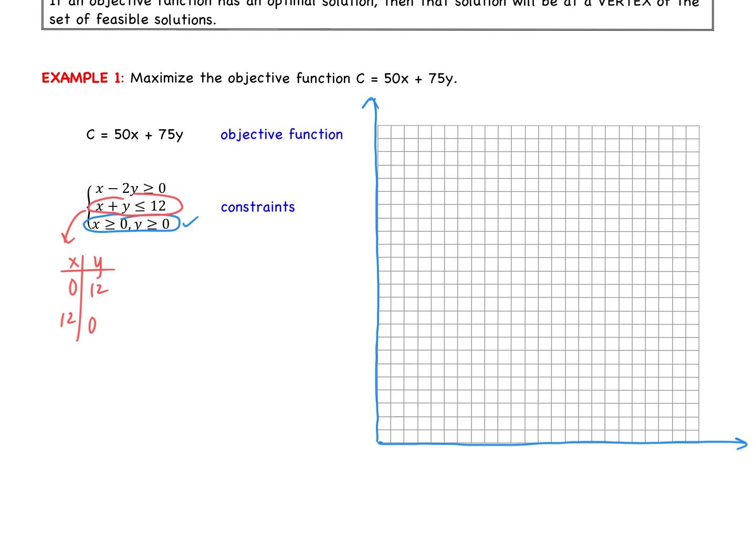Sometimes those intercepts are going to fit on the graph, sometimes they won't. So just know, sometimes you might have to count by 2s or 3s or 4s or something. There are 20 boxes, so we'll be able to get to 12. So we're going to graph those intercepts. So go to 0, 12, 12, 0, and put some points there.